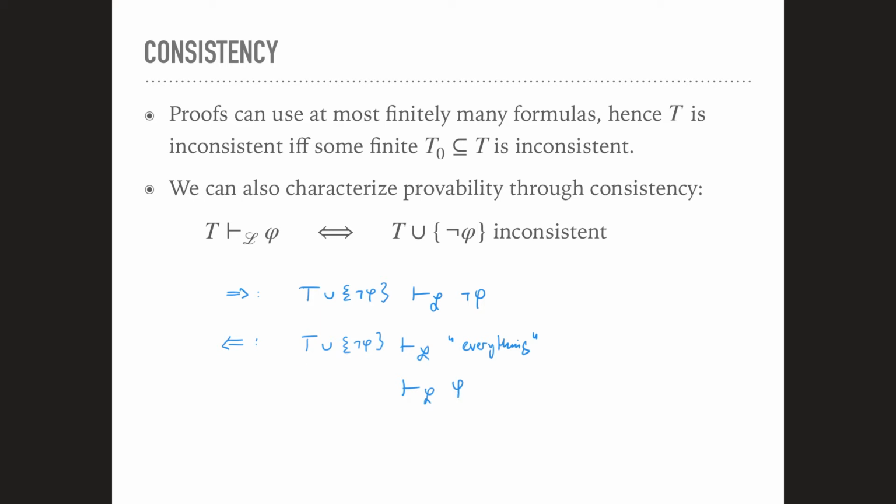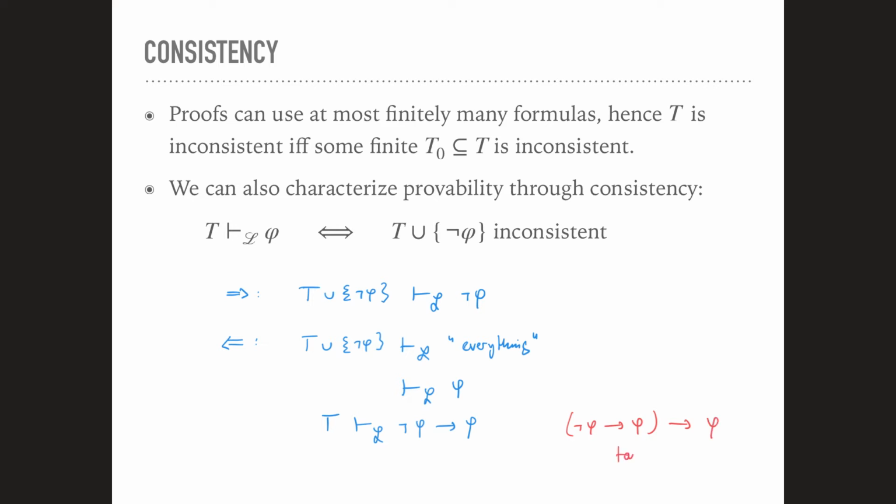Well, the trick here is a theorem that we'll see on the next slide. It's called the deduction theorem, that allows us to pull this element over to the other side in form of an implication. So we will see that this implies that T proves not phi implies phi. And then to finish the proof, you use modus ponens together with a tautology, and the tautology is of the form not phi implies phi, that this implies phi.